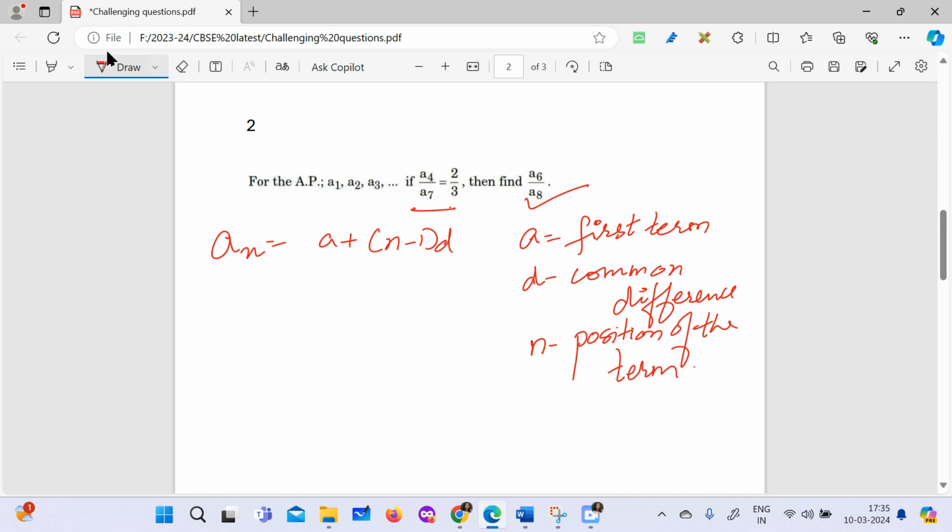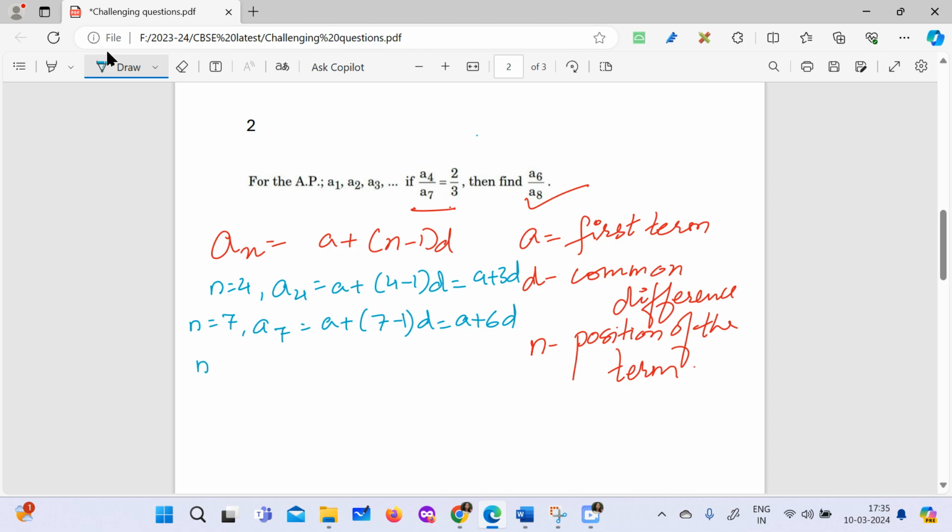Since here they have given A4 upon A7 and A6 upon A8, we will take the values of these. So when n is equal to 4, then we will have A4 equals a plus 4 minus 1 times d, that will give you a plus 3d. And when n is equal to 7, then a7 is equal to a plus 7 minus 1 times d, that will give you a plus 6d.